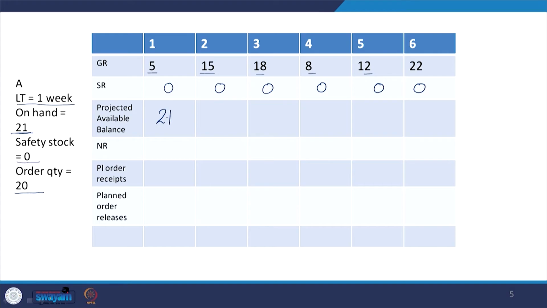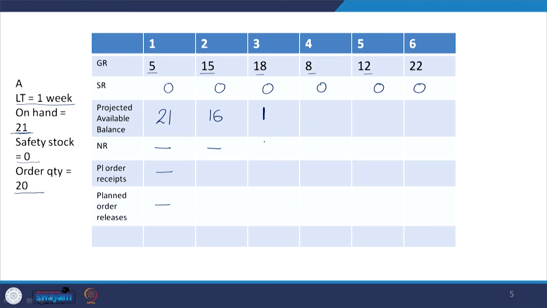So, there is no net requirement, no planned order receipts and no planned order release. Now, coming to the second period, you have used 5 units out of here, so 16 are available to you. Your demand is 15 and therefore, there will be no requirement and you will go ahead.